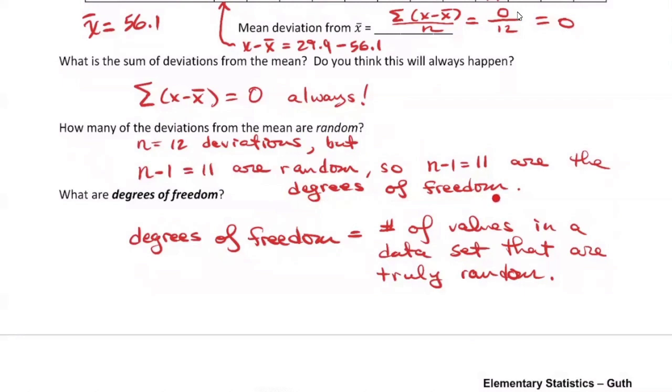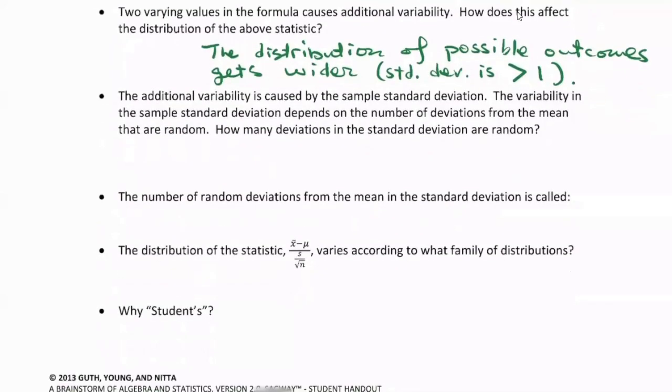Okay, so going back to our lesson, it says, how many deviations in a standard deviation are random? Well, there are n deviations. Okay, n minus 1 are random.